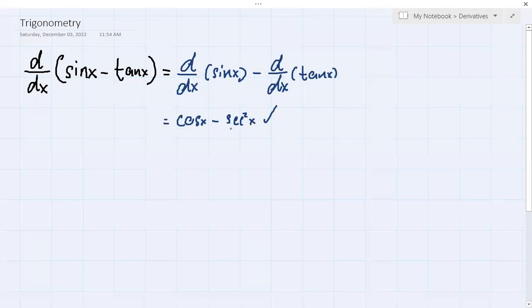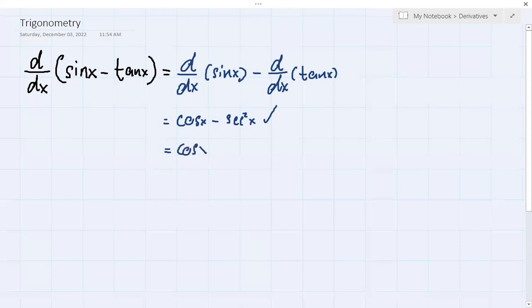Naalala niyo yung mga practice videos ko tungkol sa trigonometric differentiation, like from basics up to the last video I uploaded, which is yung quotient rule of differentiation. Yung secant x, it is just the same as 1 all over cosine x.